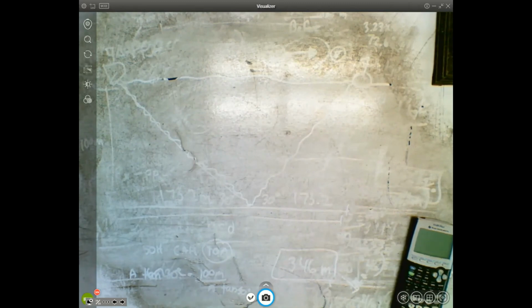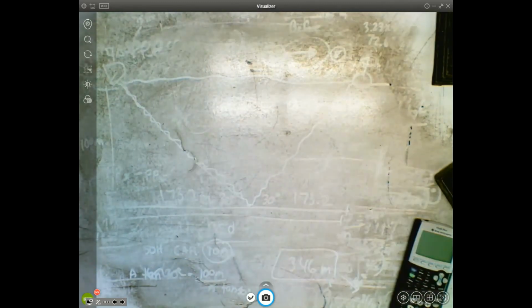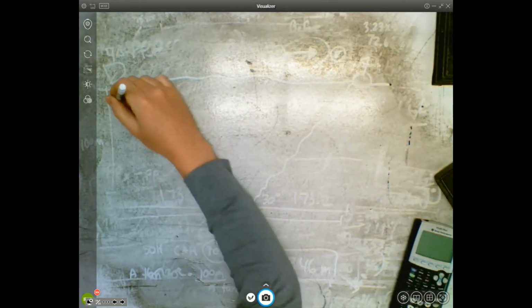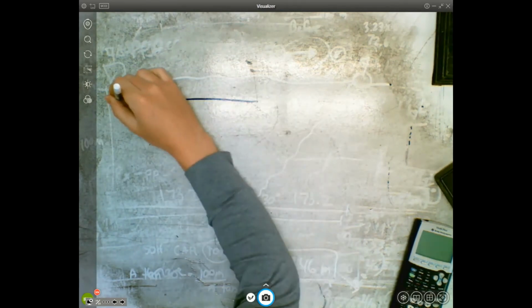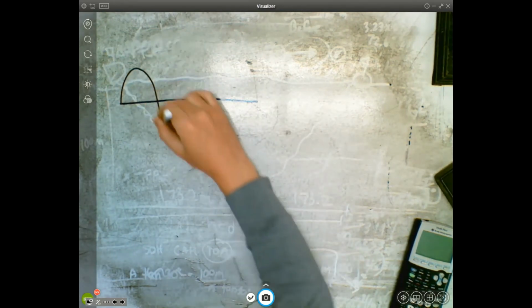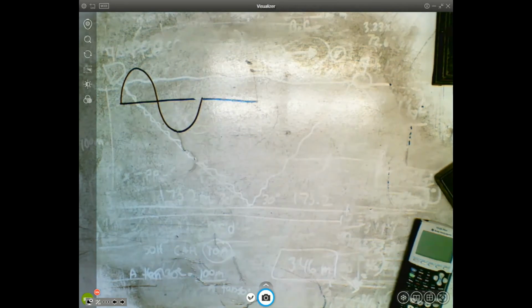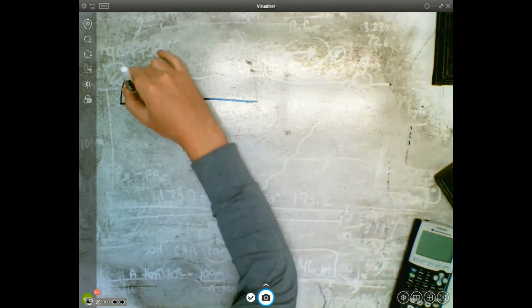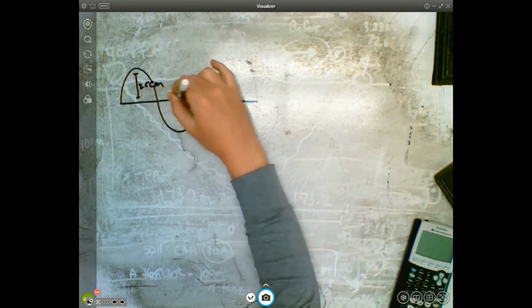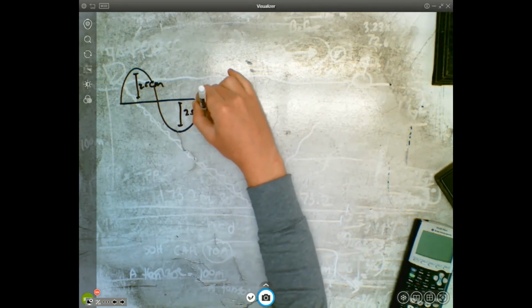Okay, so if we draw a 2.5 centimeter wave. So the 2.5 centimeters refers to the amplitude. So this is my 2.5 centimeter wave, where this is 2.5 centimeters, and this is 2.5 centimeters.